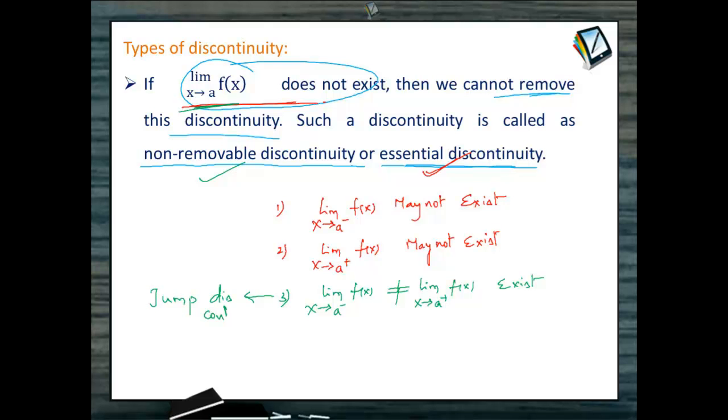We'll see how the graph looks. And the name we gave for these two kinds of discontinuities is infinite discontinuity. Remember, when a one-sided limit does not exist, then we said it is infinite discontinuity. Whereas if both the side limits exist but they are unequal, then we called it jump discontinuity. Now let's see this jump discontinuity and infinite discontinuity graphically in detail.